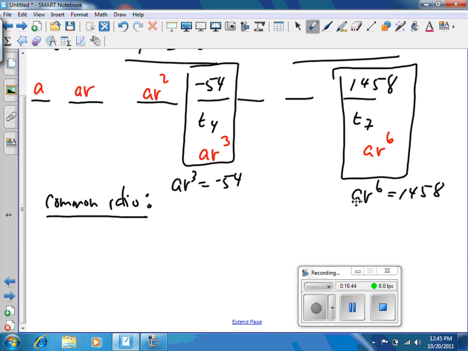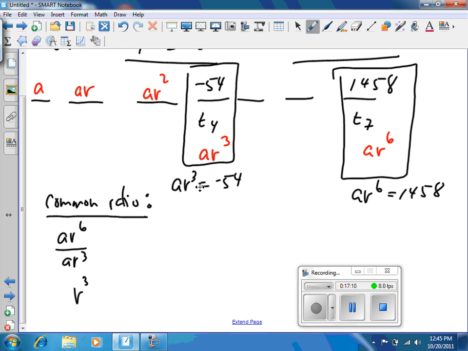I'm going to say AR to the 6th is to AR cubed. This is a strategy. The reason I'm doing that is that when I do this, A over A is 1, and I get R to the 6th over R cubed, which is just R cubed. And I'm trying to find R, right? So that's why I'm doing this.